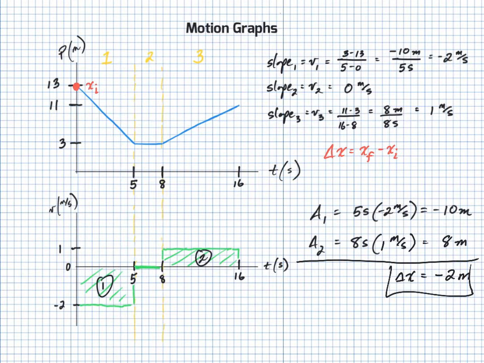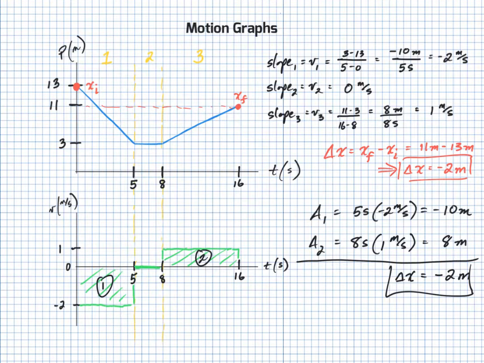Our position final is way over here at 11 meters. So now we can just plug these two values in. Our position final is 11 meters. Our position initial was 13 meters. If we do that math, we see that our change in position, our displacement, is negative 2 meters.